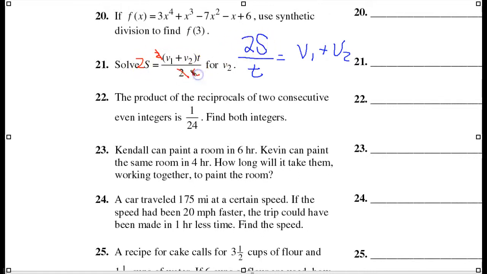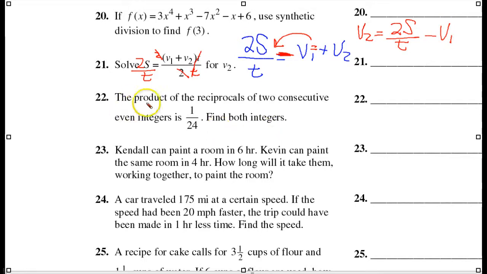Then I'm going to divide both sides by t. Here the t's cancel out, and I have this then equals that. Now all I have to do is transpose this to the other side, where on this side it will become a negative. So I transferred it from this side where it was positive to the other side now, where it's negative. So v sub 2 equals 2s over t minus v sub 1.